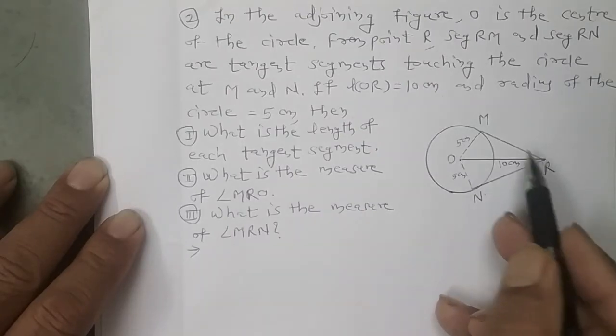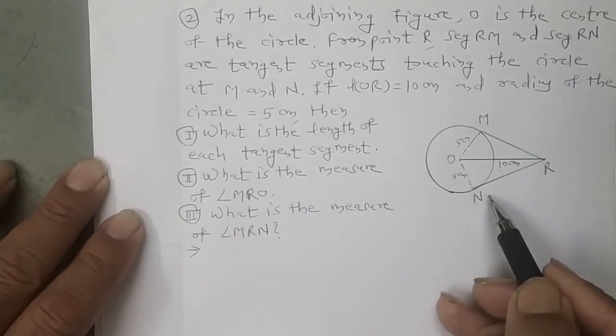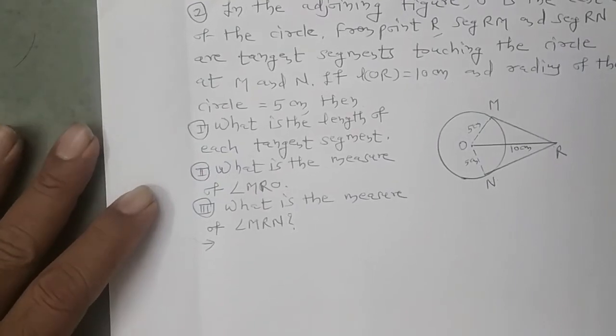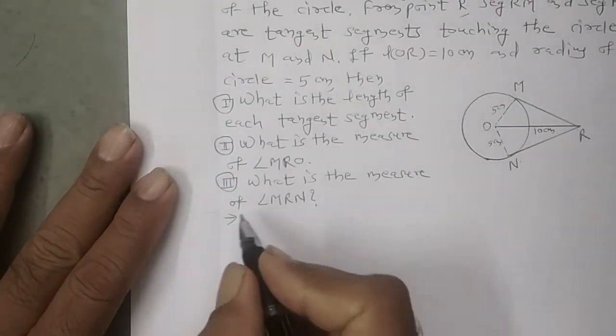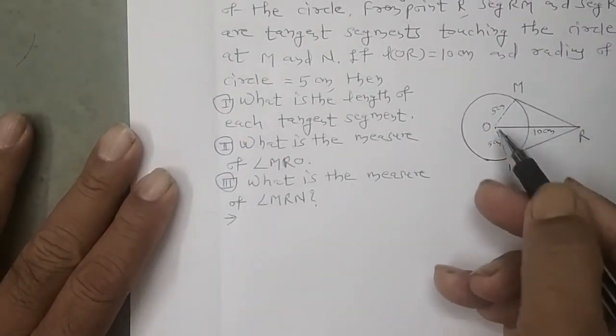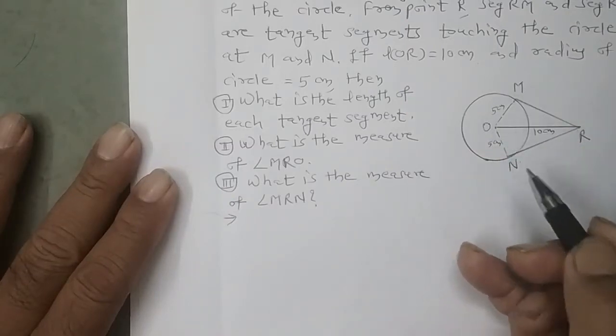That is, we have to find RM and RN, length of each tangent segment. Now for this, first we draw segment OM and segment ON.